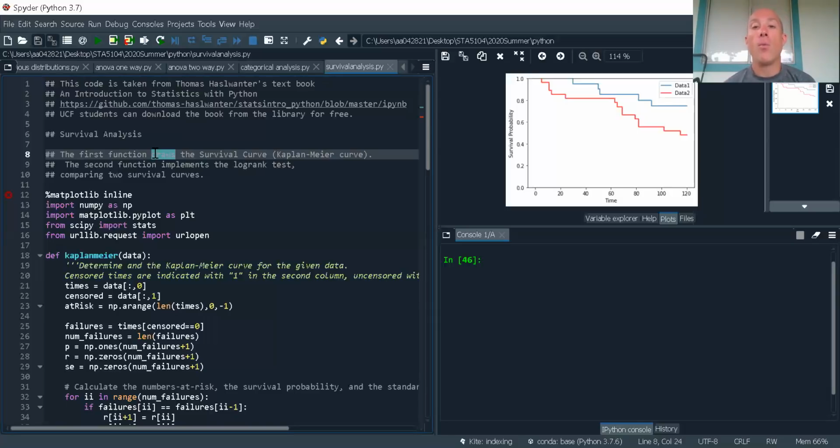We can do this with graduation from college too. If I start tracking students on how long it takes them to graduate, all the ones who don't graduate by the time I'm done collecting my data are censored, because I don't know when they actually complete it. For items breaking, I can write down how long it takes for a machine to break.